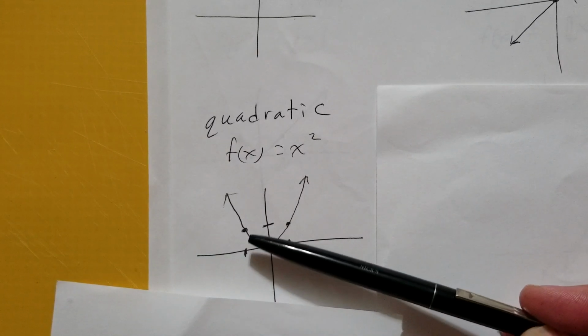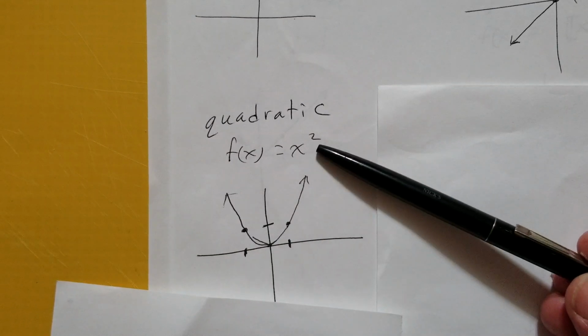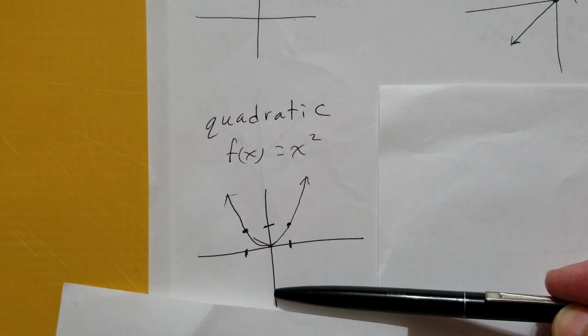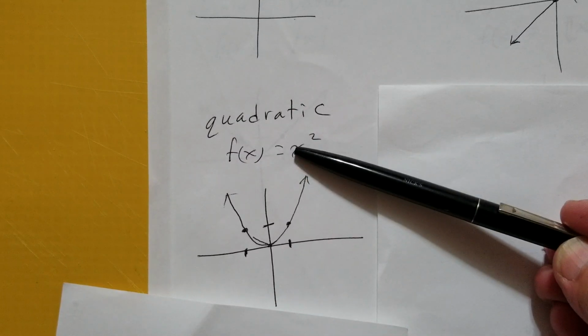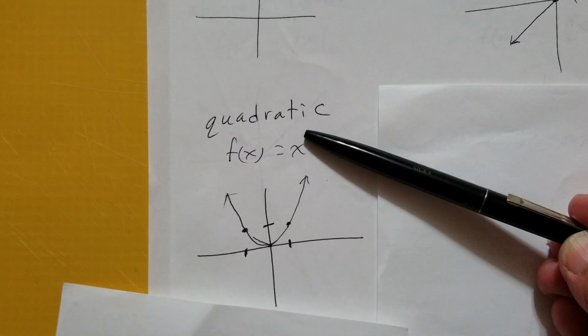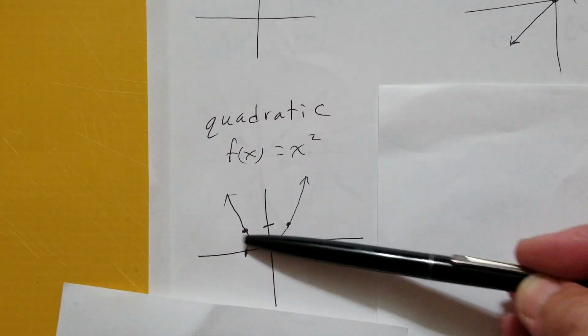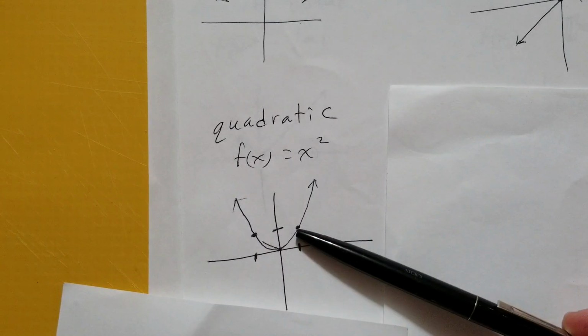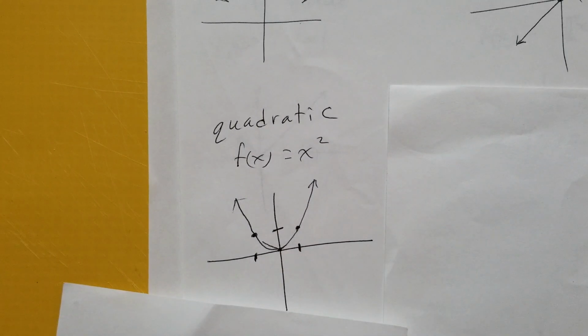Negative 1 gets you positive 1 for y, right? Whenever you square a negative, you get positive. So that's why we never come down here for y, because whatever you put in here, it's going to get squared and become positive. So that's why we're only positive y. So x squared looks like this. All right, that's the quadratic.